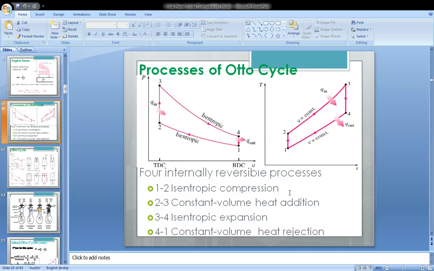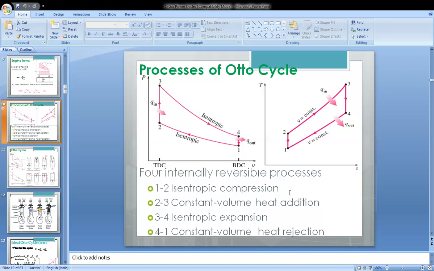In this power stroke, the piston moves from top dead center to bottom dead center, so the pressure decreases from P3 to P4 and the volume increases from V3 to V4. Then the heat is rejected at the end of expansion in the exhaust operation at constant volume, that is, V4 to V1.